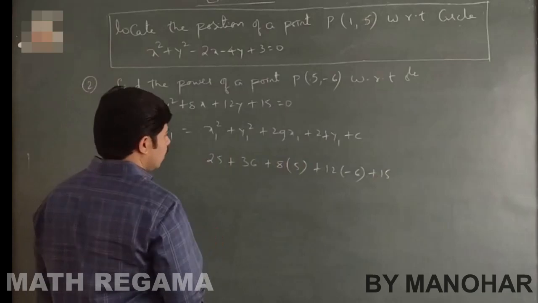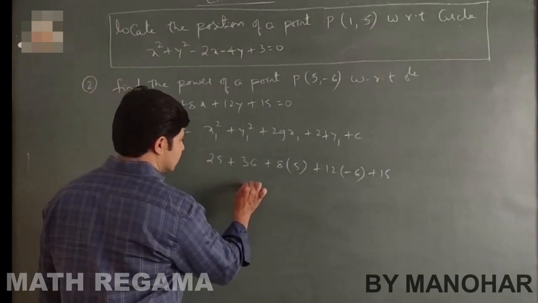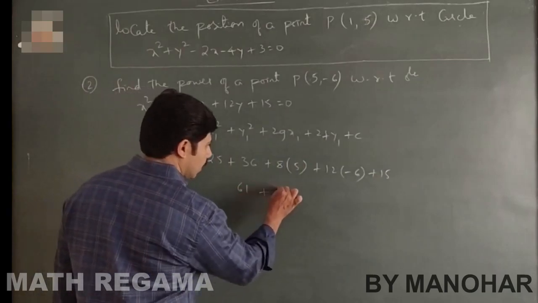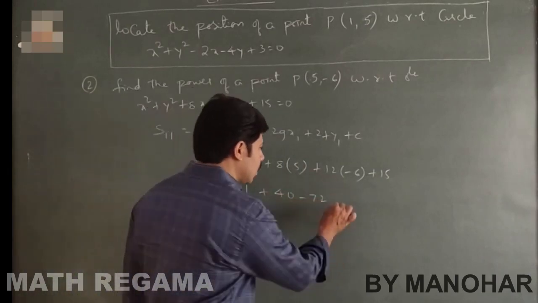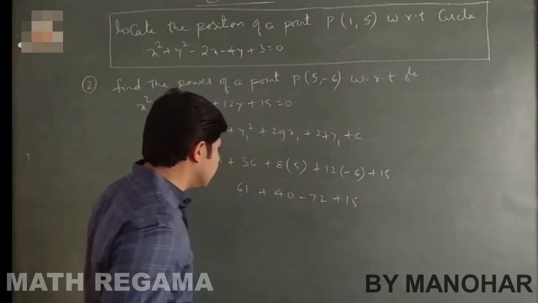So 25 plus 36 is 61, plus 40, minus 72, plus 15.